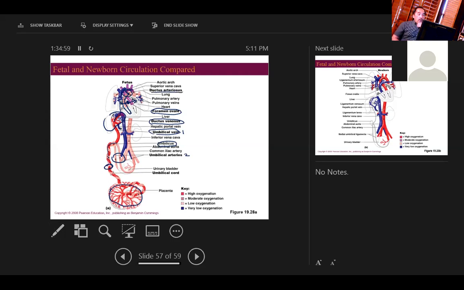Okay, so you got the ductus venosus, foramen ovale and the ductus arteriosus in a fetus that is still in the mother's womb. Okay, now when the child is delivered and the baby is able to actually breathe in pure oxygenated air, it will literally close these holes and ducts in about 2 to 3 seconds.